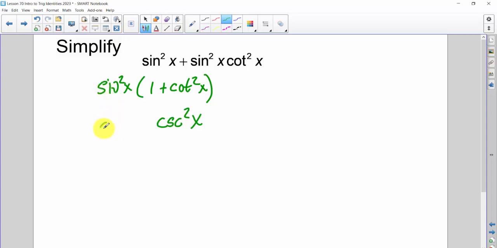And that's multiplied by sine squared. Now we know that cosecant squared is 1 over sine squared. Which ends up with 1.